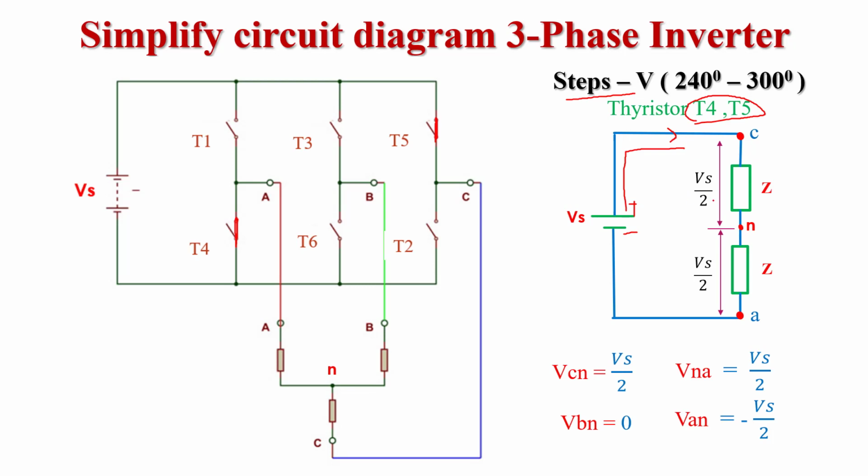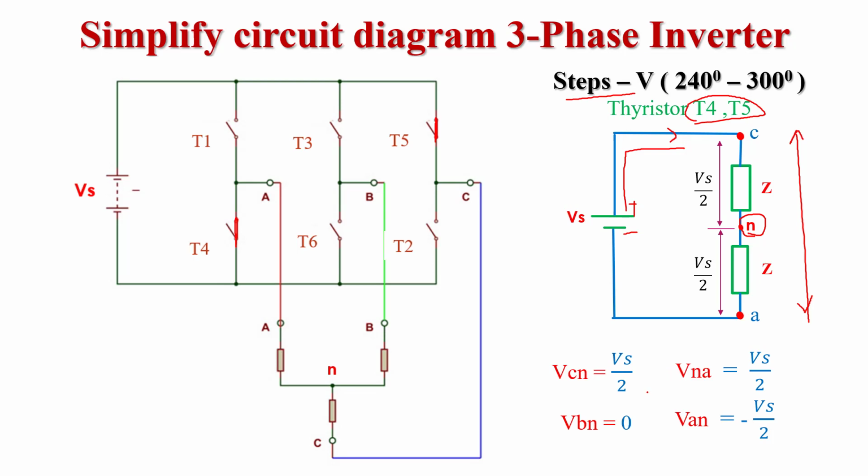So the total voltage across the load is also equal to Vs. Okay, but this Vs voltage is divided into two parts because the neutral point is there. So VCN voltage is Vs by 2 and VNA voltage is also equal to Vs by 2 because both the impedances are equal.